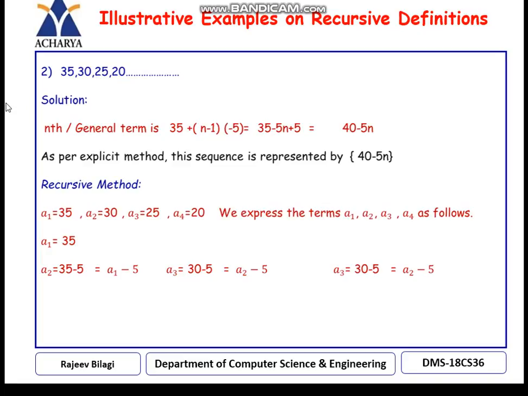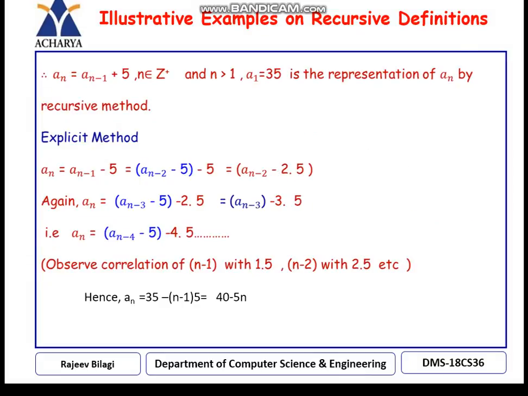So here we have already represented using the explicit method as 40 minus 5n, and with the recursive method we have represented it as an is equal to an minus 1 minus 5.